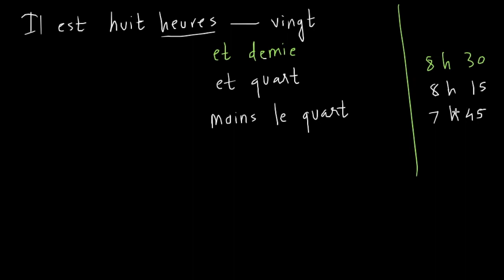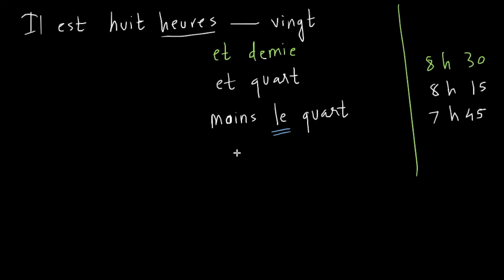Usually in English it's quarter to 8, but instead of that we say "il est 8 heures moins le quart", "moins" being minus. The thing to notice here is you are adding the definite article "le" when you are using "moins", whereas when you are just saying "et quart", you are not adding the definite article "le". That is something you should notice.